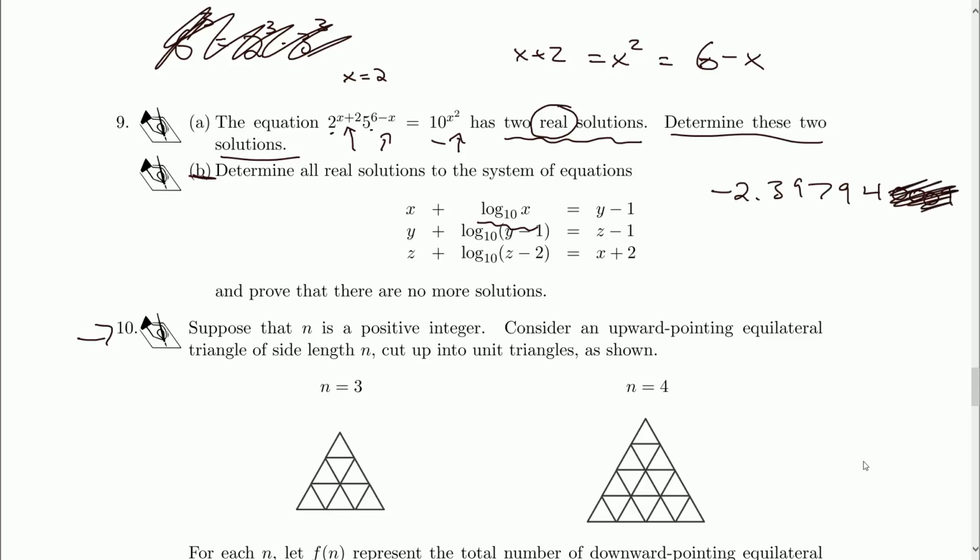Okay, so we need 2 to the power of negative 2.39794 plus 2. So that's about 0.75, they say. Times 5 to the power of 6 minus negative 2.39794. Okay.